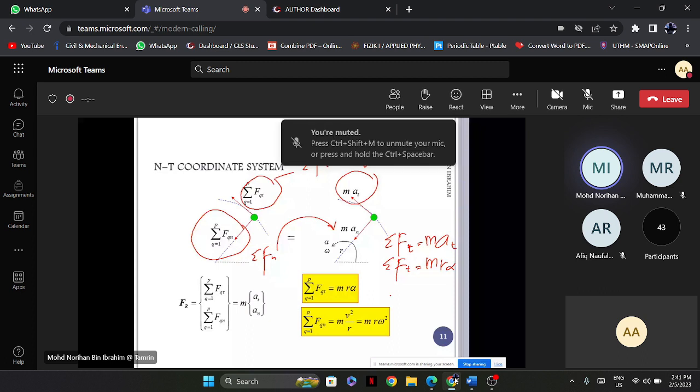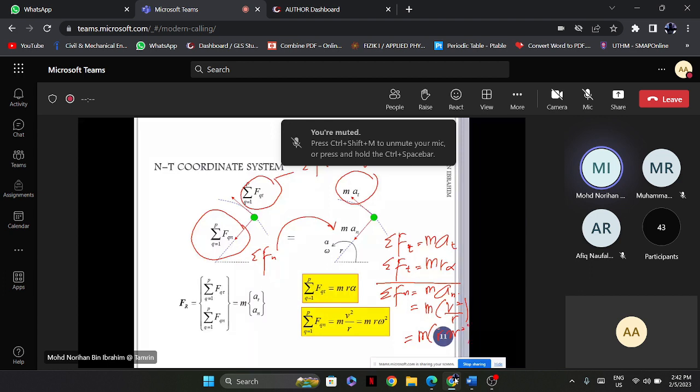For the normal direction, sum of Fn is equal to m a normal, and we know that an itself is equal to v square divided by r, or we can use m multiplied by r omega square, as you can see here.